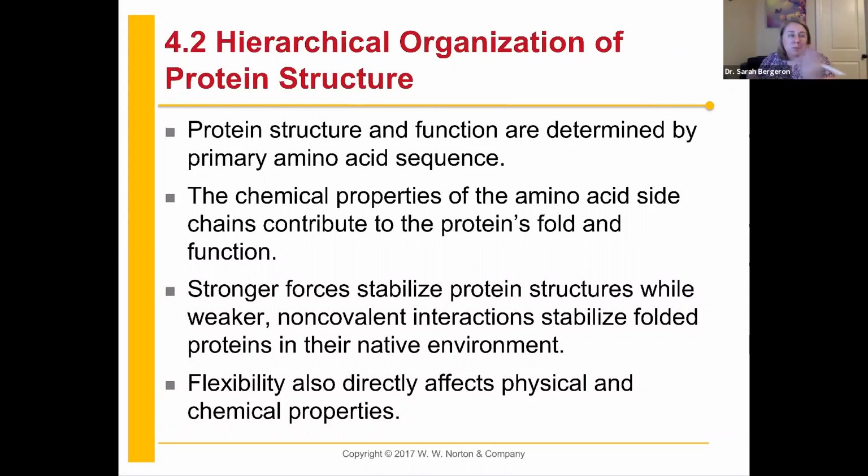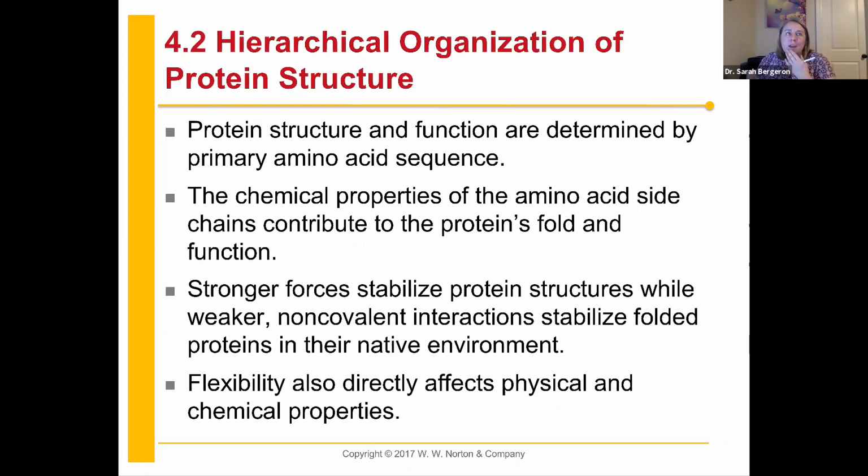So the weak binding that we have is like hydrogen bonding, van der Waals, ionic interactions, hydrophobic interactions, things like that. Then you have stronger forces like disulfide bond bridges between cysteines, electrostatic interactions between our amino acids and sometimes metal ions, metal cations in solution. And that all helps to maintain our structure and to fold the proteins.